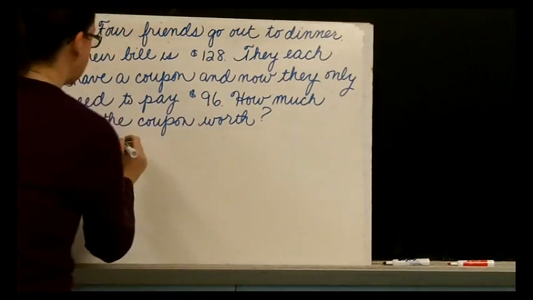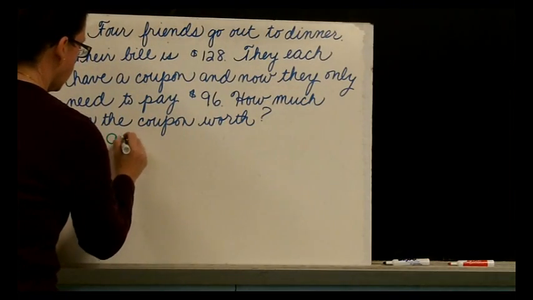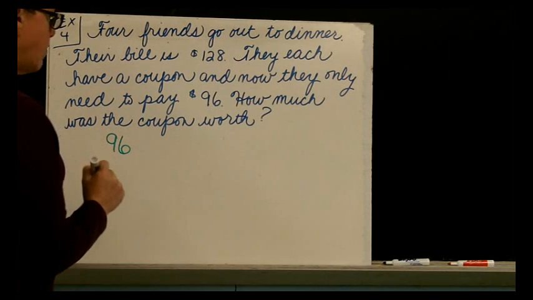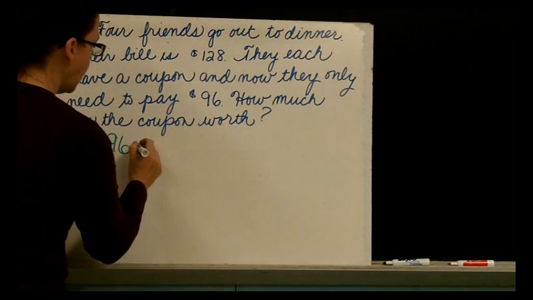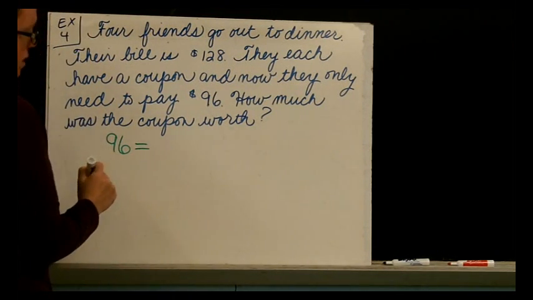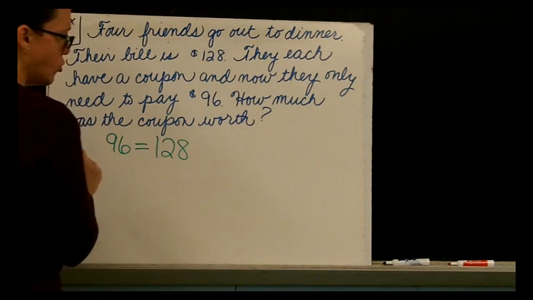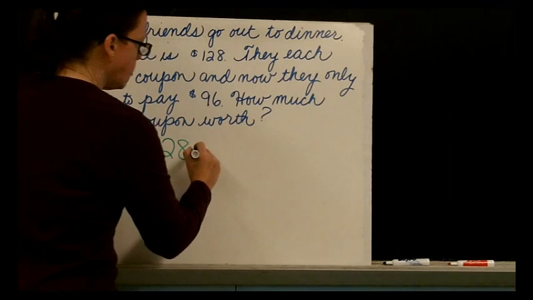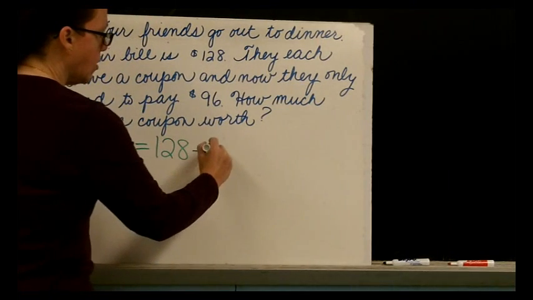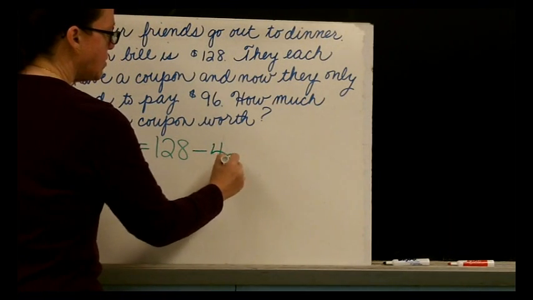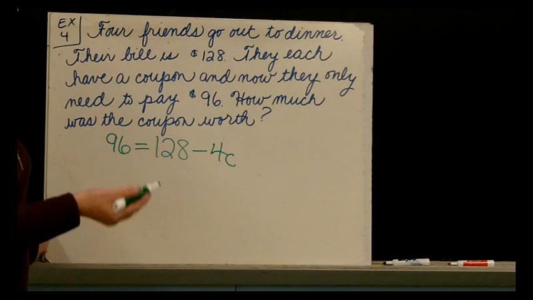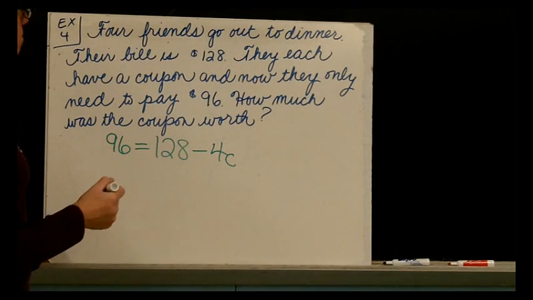So let's put 96 over here on the left of our equal sign. And how do we get that $96? Well, we took our original bill of $128 and we subtracted from it 4 coupons of some unknown amount. So we'll use the variable c.